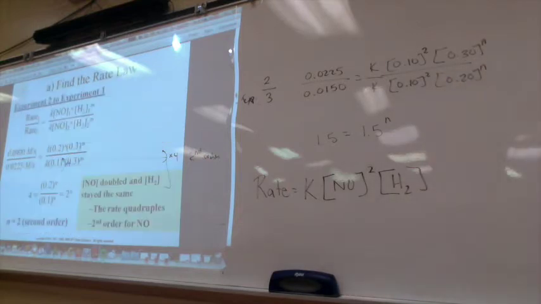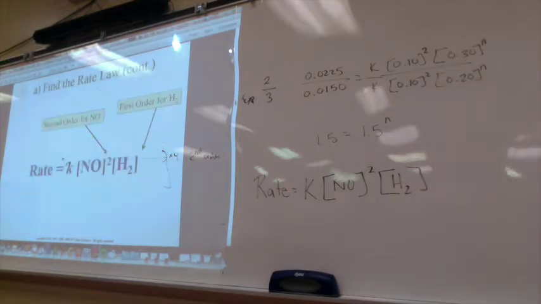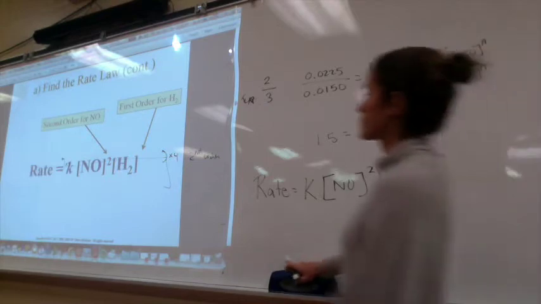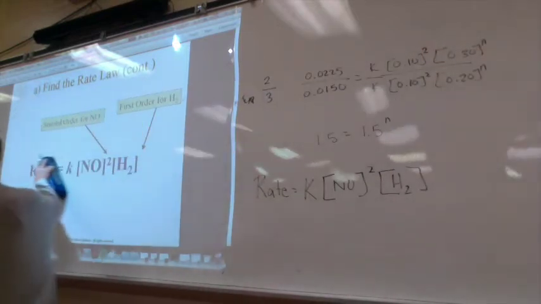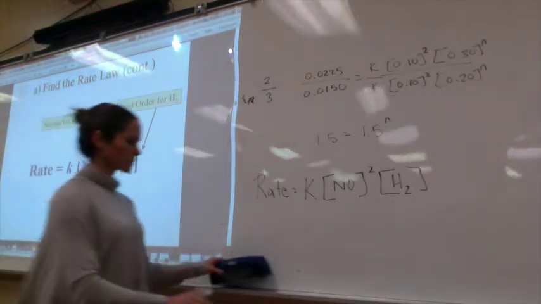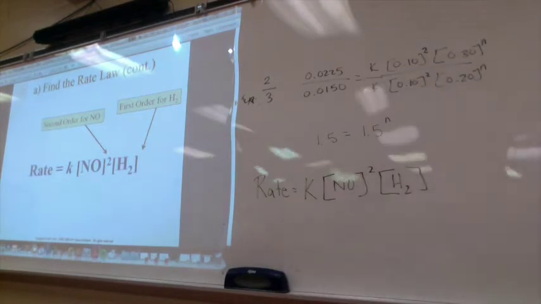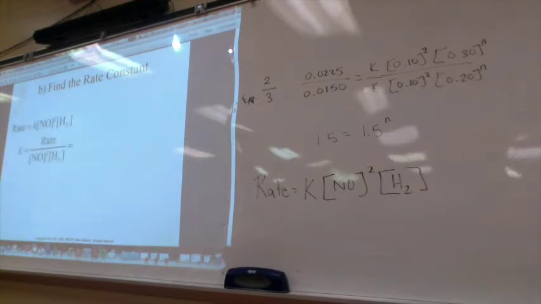All right, so the rate constant now. I just showed you the rate order for NO and H2. Okay, and now we're going to find the rate constant. So you're literally going to solve for K. So you're going to rewrite your equation.